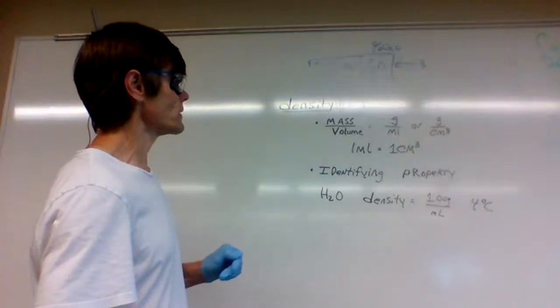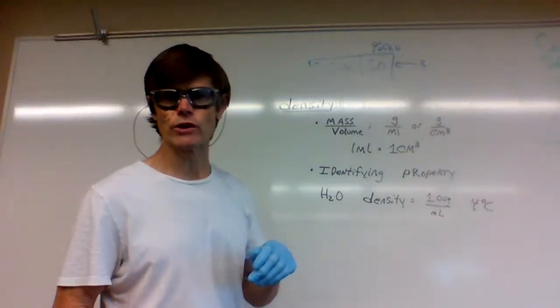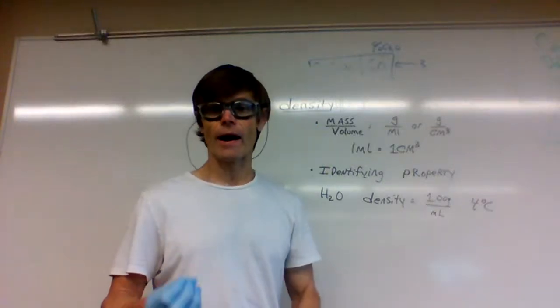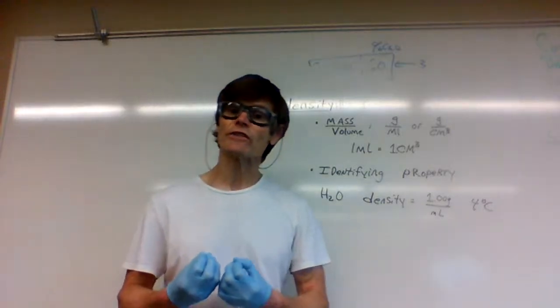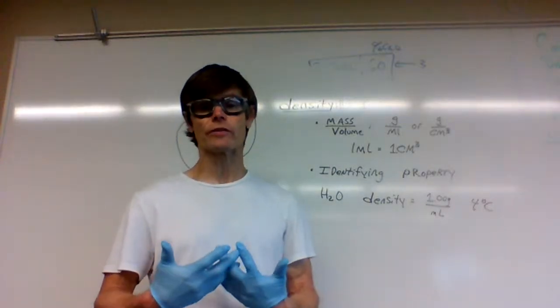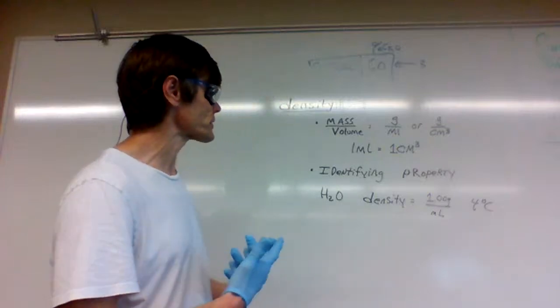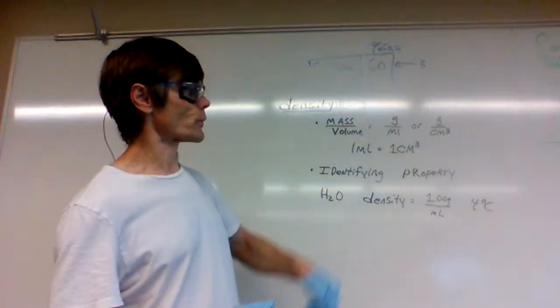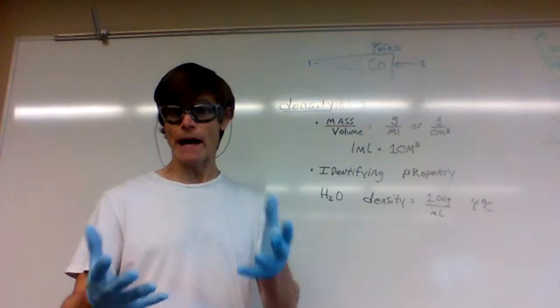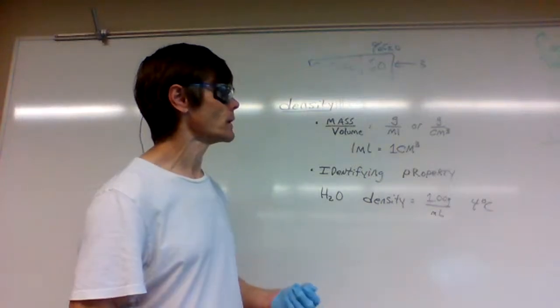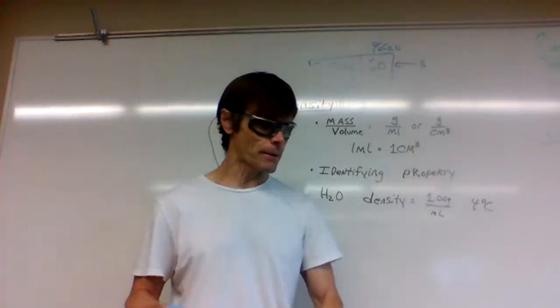So density is defined as an object's mass divided by its volume. And typical units that we use for this property, this characteristic, is grams per milliliter, or we can also report this and it would have the same numerical value, grams per cubic centimeter.